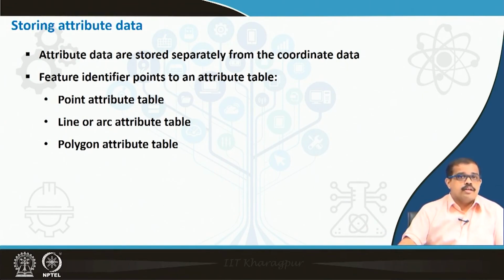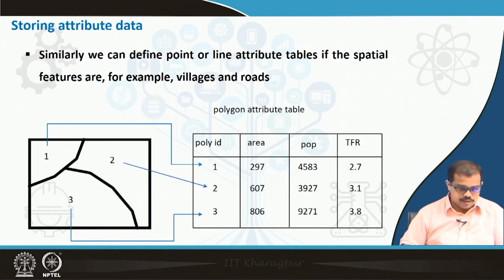A feature identifier points to an attribute table: a point attribute table, a line or arc attribute table, and a polygon attribute table. Each of these has a separate attribute table connected to it.